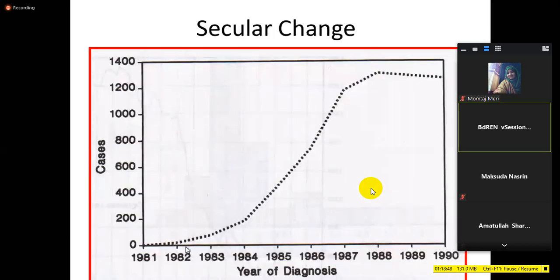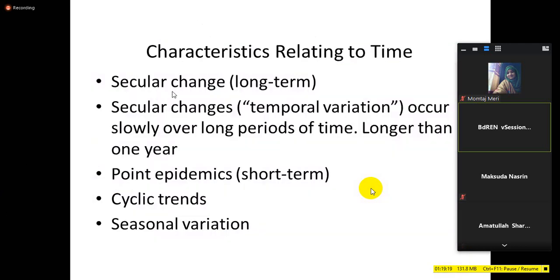So this is the secular change. You can see the increase in cases happening over a long duration. The rise takes about 1 year to go from here to here, and then again several years to go from here to there. If we find a graph where these changes are happening over a long duration, it is called secular change, or it is also known as temporal variation.